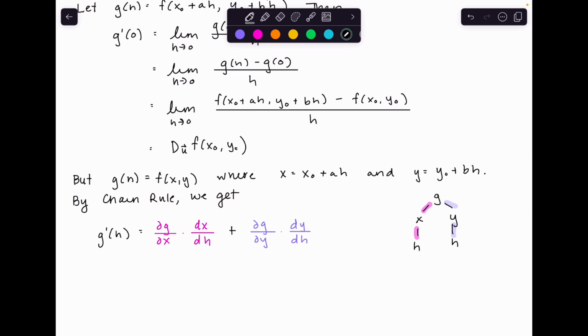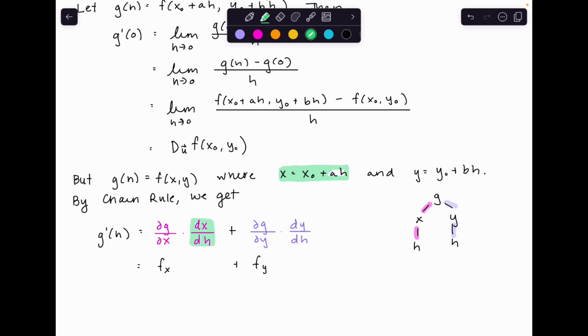So figuring out what each of these pieces are, well, g is just f of x, y, so the partial of g with respect to x is the partial of f with respect to x. And then likewise, this is really just the partial with respect to y, because again, g, we're saying is a function of x and y. Okay. Now these other two pieces, we're going to go back to this definition right here.